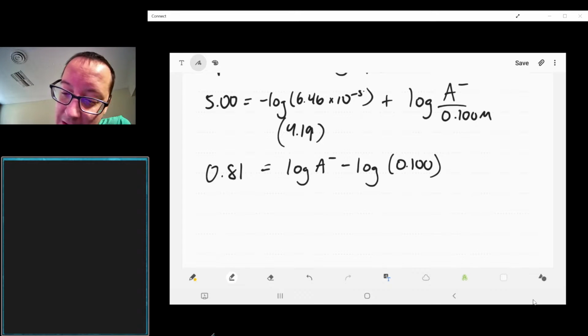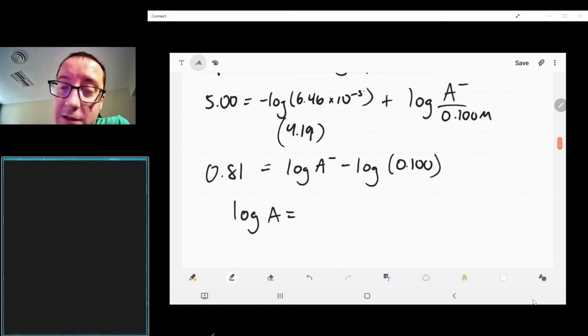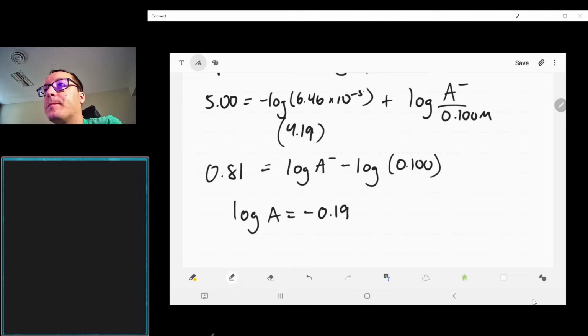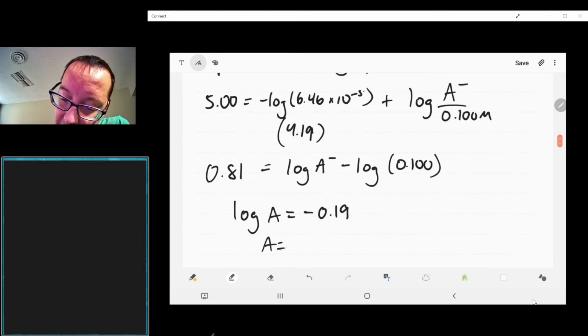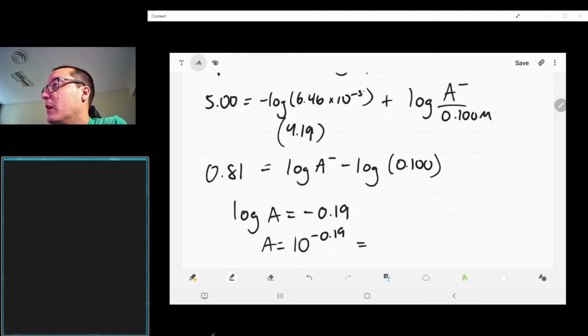So if it's -1, that means log A will need to be -0.19. And therefore A will be 10 to the power of 0.19, which we can go ahead and solve.